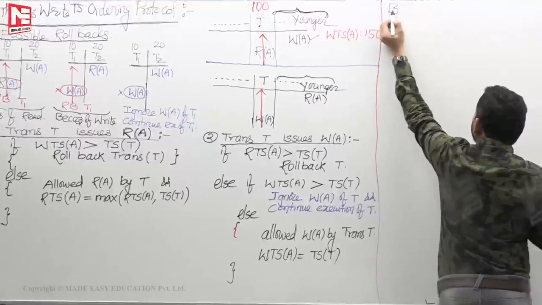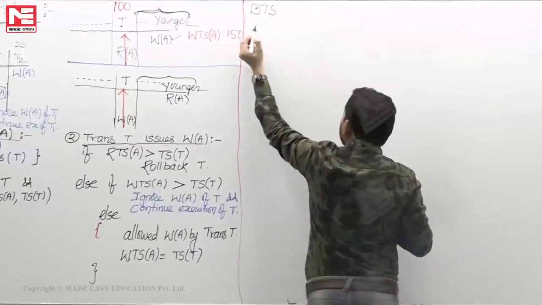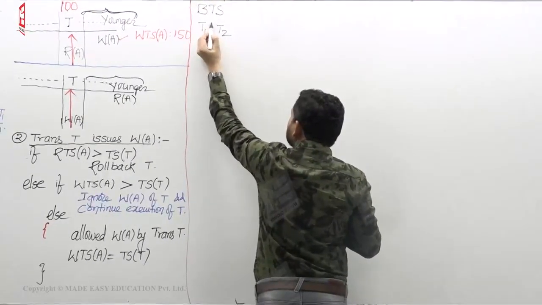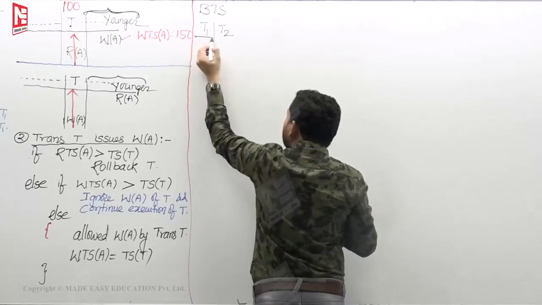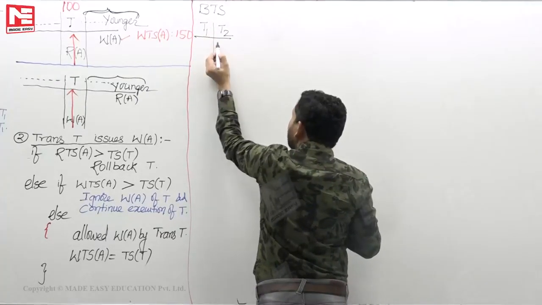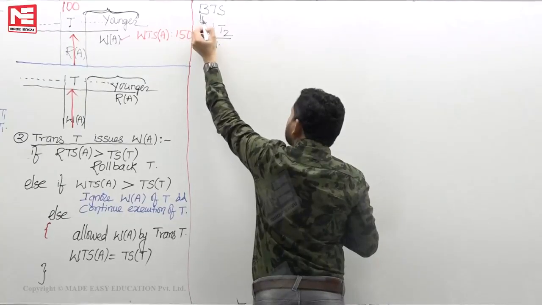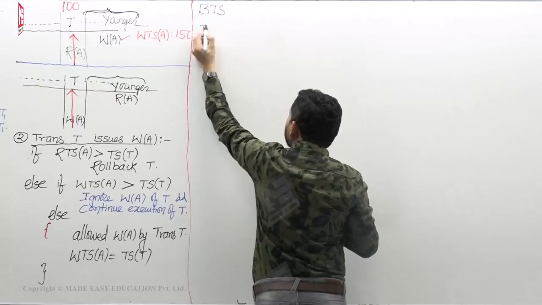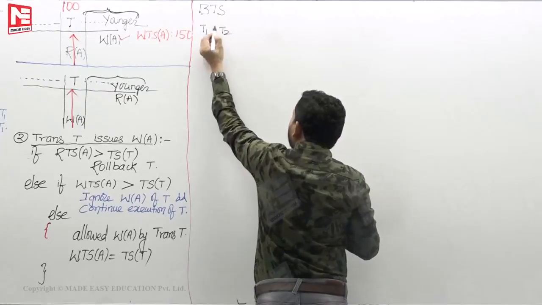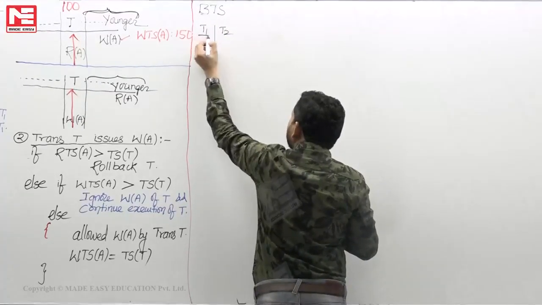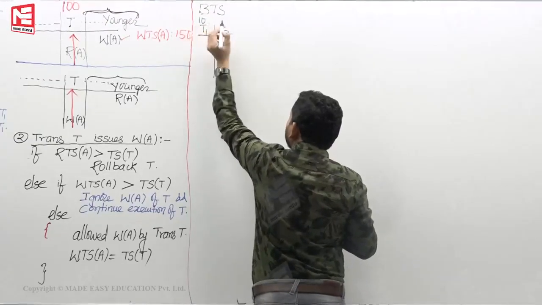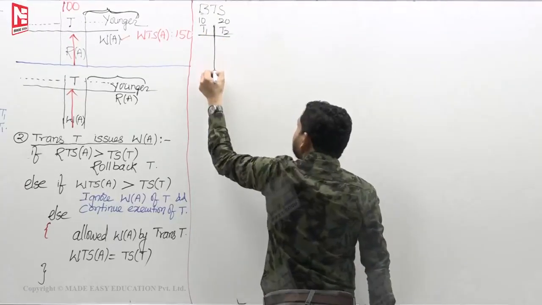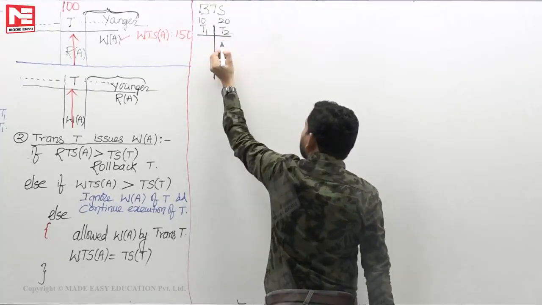In the basic timestamp ordering protocol, there is one rollback because of a read request. Assume T1 timestamp is 10 and T2 timestamp is 20.